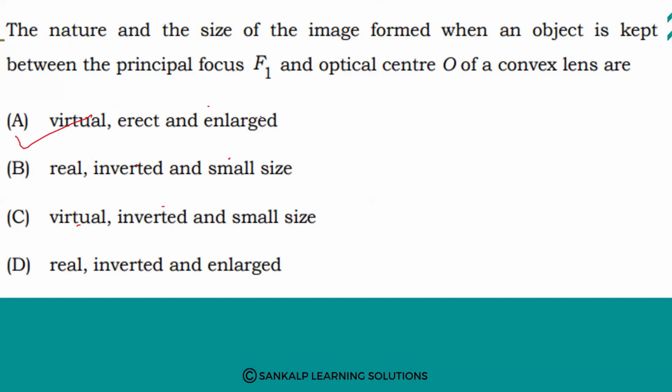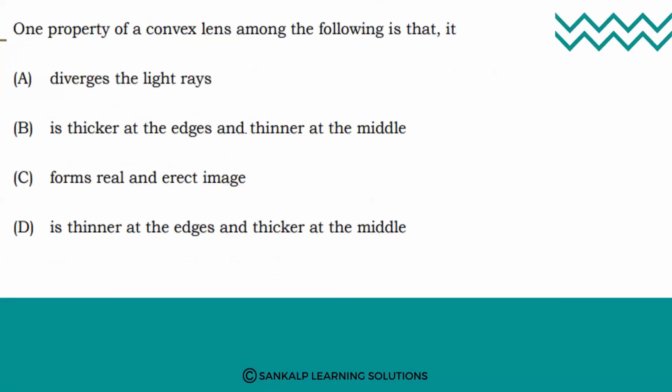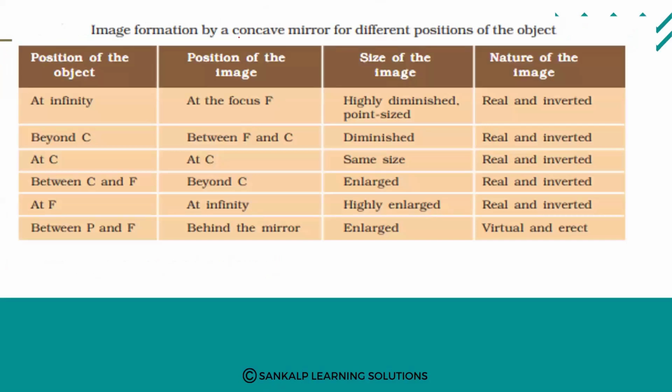Virtual, erect and enlarged. So here you can see image formation by a concave mirror for different positions of the object. When you place an object at infinity, then position of the image will be at the focus F.